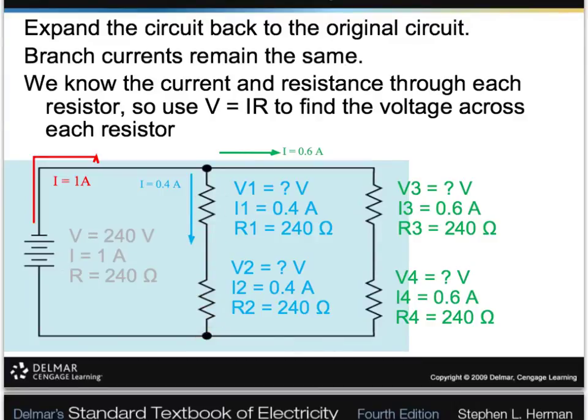So now, again, we can use V equals IR, our favorite calculation, and now we're looking for the voltage through the first one, the voltage through the second one. We know the current, we know the resistance, so current times resistance equals voltage, and we can get all of the voltages in each branch.